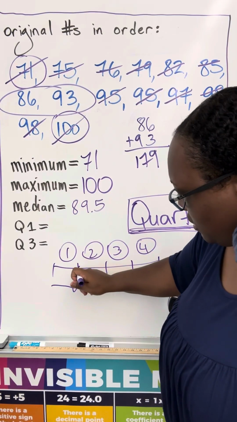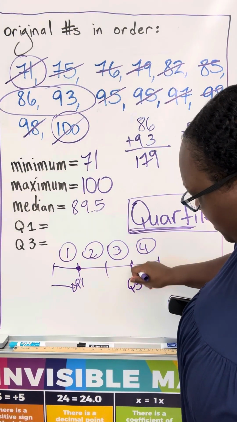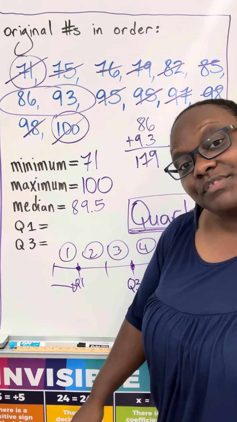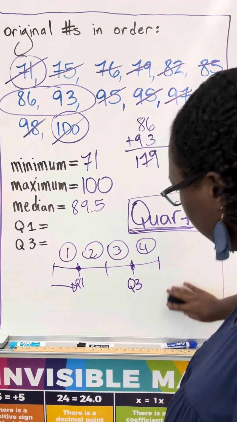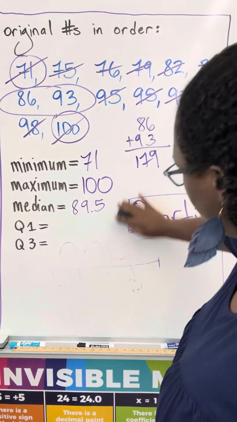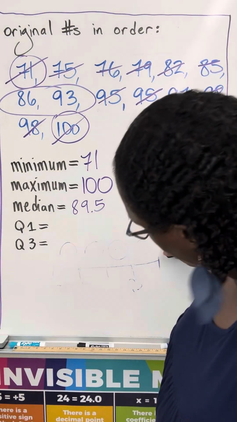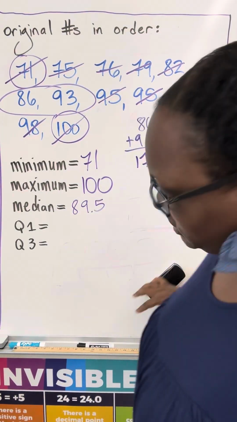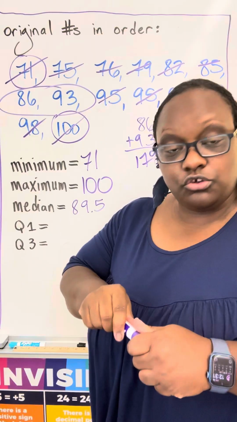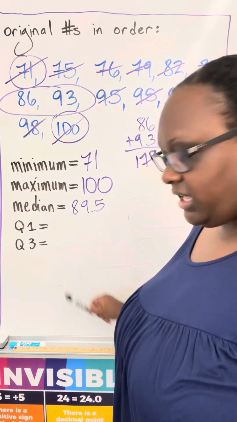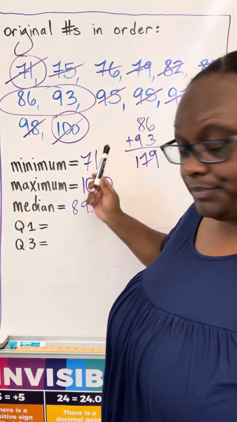So we're looking for specific numbers to show that area of the data. So in order to find the Q1 and Q3, we're looking at the original set of numbers that are in order.